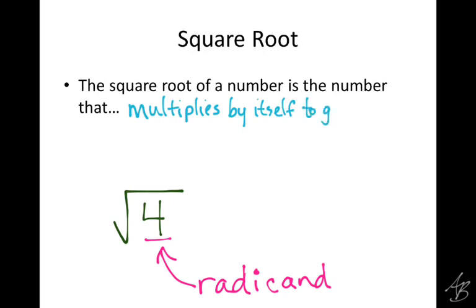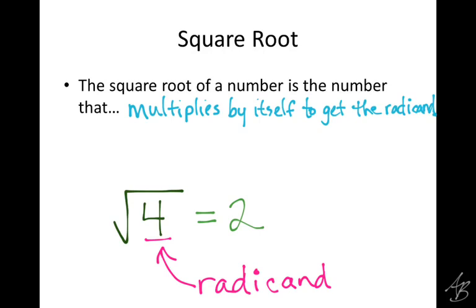So, for example, the square root of 4 is going to be 2. How do we know it's 2? 2 times 2 is 4, exactly. So 2 multiplies by itself to get the radicand, which is 4. Okay?